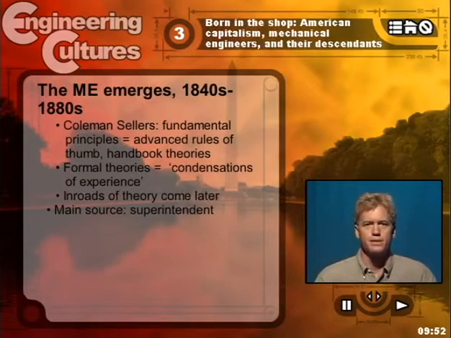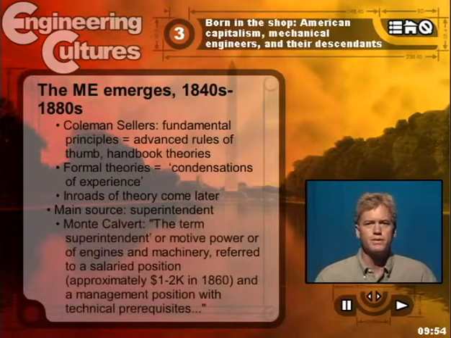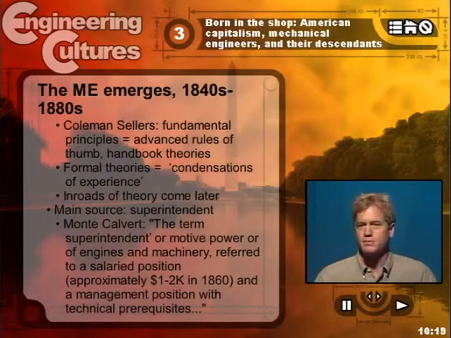As Calvert writes, quote, "The term superintendent or motive power of engines and machinery referred to a salaried position, namely on the management side, approximately $1,000 to $2,000 per year in 1860, and a management position with technical prerequisites. It became one of the major fields for the development of the professional mechanical engineer. Despite his contact with management, this mechanical engineer at the same time always had one foot firmly in the shop."